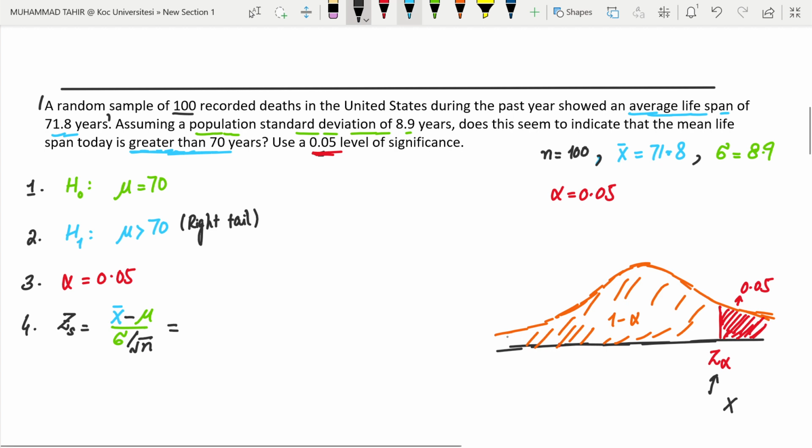I have x bar 71.8, mu is 70, sigma 8.9, and square root of 100. The z value I get is 2.02.